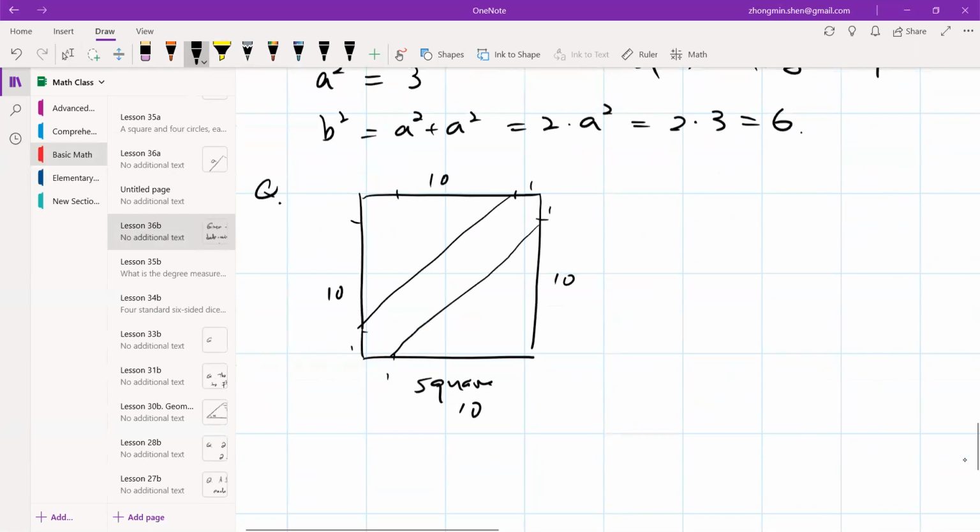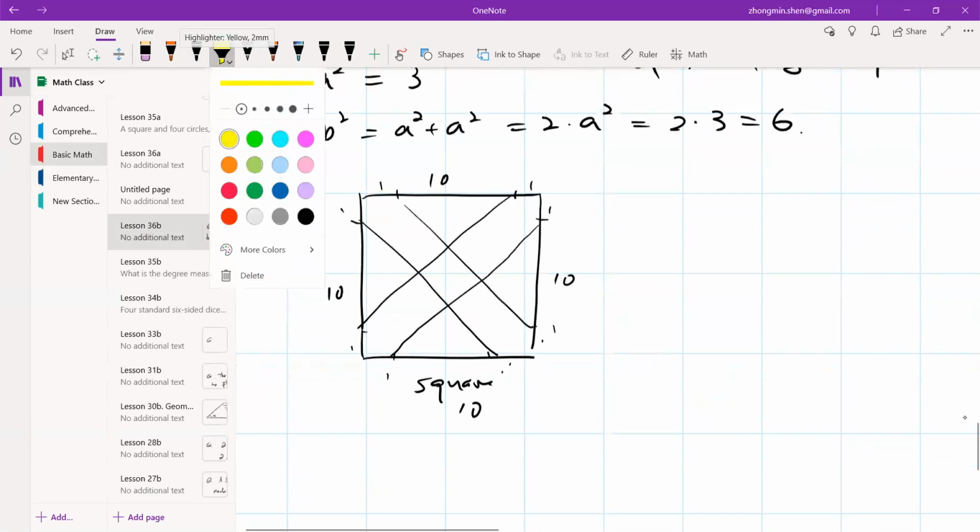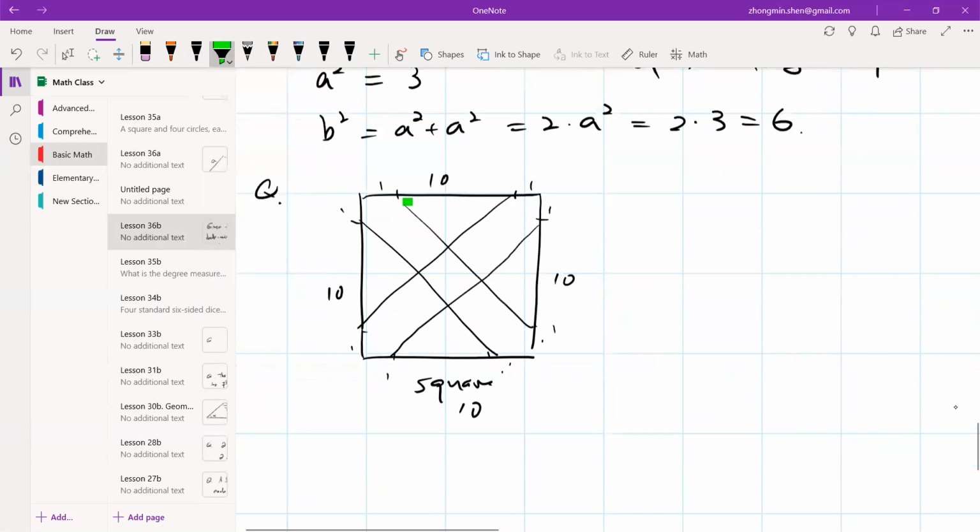Here's the same 1, 1, and draw another line. I'm going to get rid of this area. So the remaining area becomes the lawn. Okay, so it's green.